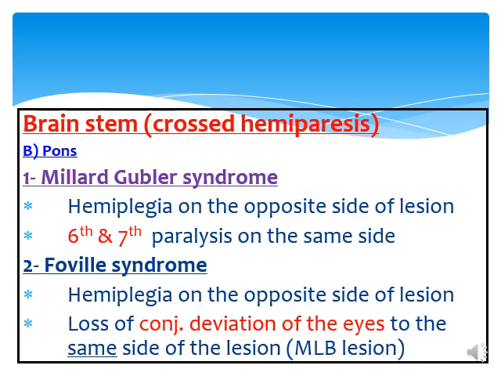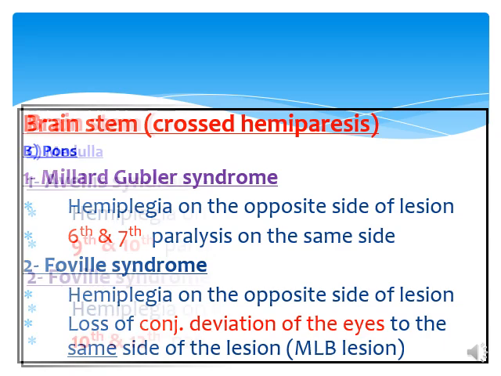So if the lesion is on the right side, the hemiplegia will be on the left side, and the conjugate deviation of the eyes to the same side of the lesion is lost. I mean, the patient cannot move his eyes towards the side of the lesion.